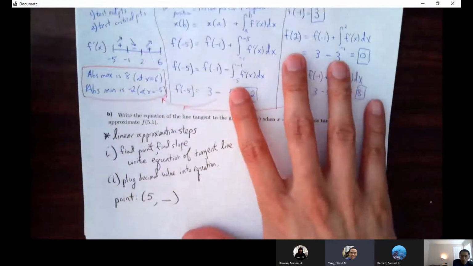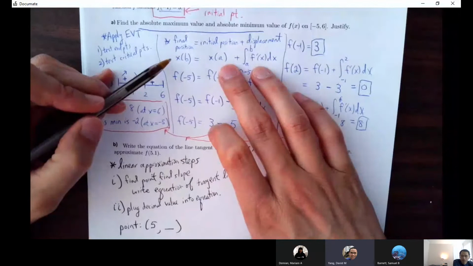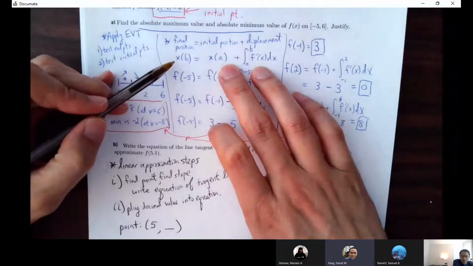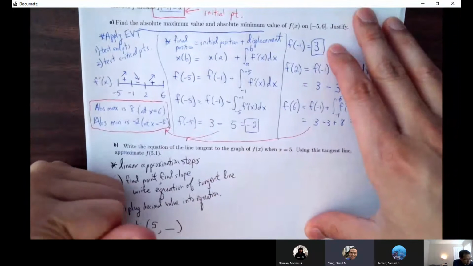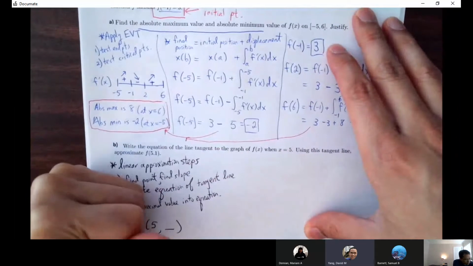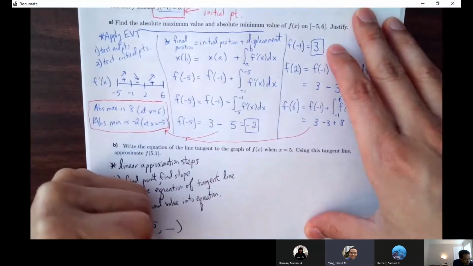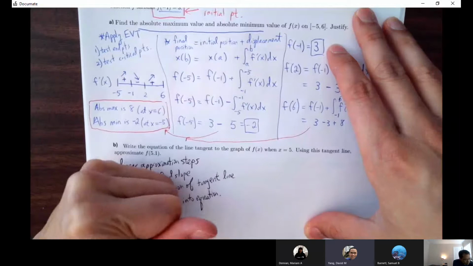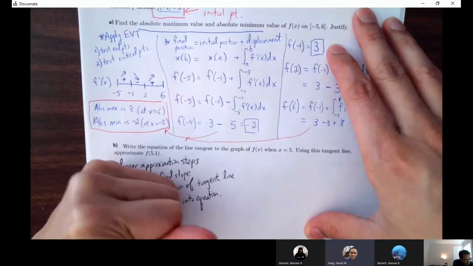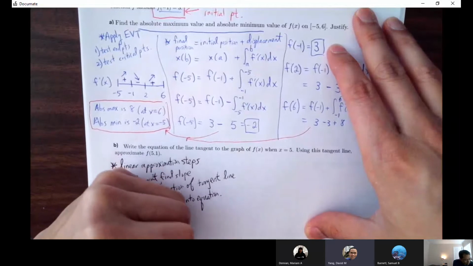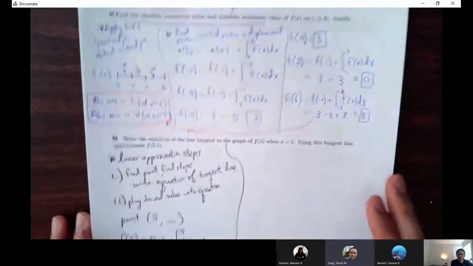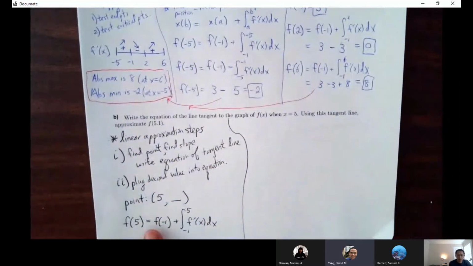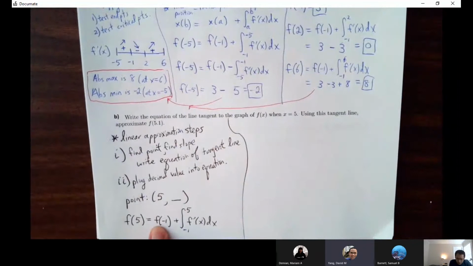So to find our ordered pair, we're going to rely on our formula here. So my starting point is 3.